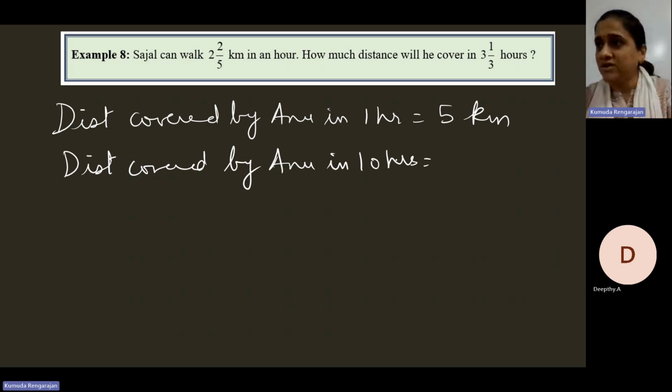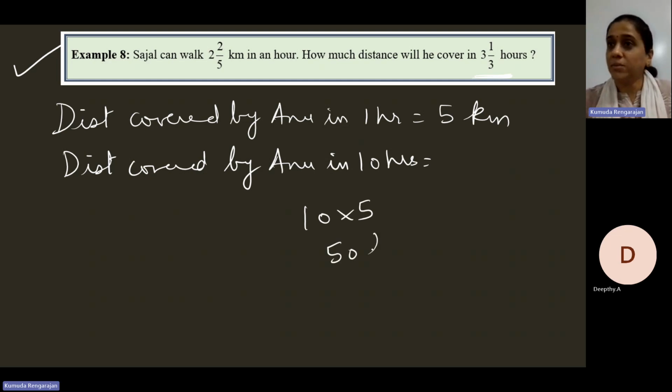The distance covered in 1 hour is given, and you will have to find the distance covered in 10 hours in our example. In the actual example here, the distance covered in 1 hour is given, and you'll have to find the distance covered in 1/3 hours. So what would you do here? Multiplication, right? 1 hour, 5 kilometers. 10 hours, 10 into 5, 50 kilometers. 1 hour, 5 kilometers. 2 hours, 5 plus 5. 3 hours, 5 plus 5 plus 5. 4 hours, 5 plus 5 plus 5 plus 5.